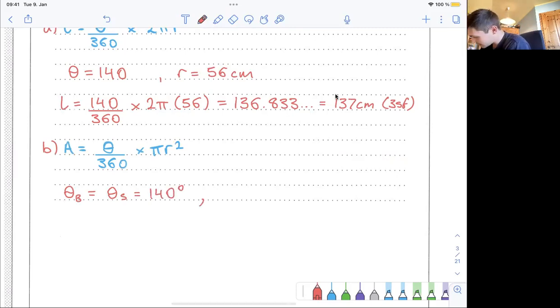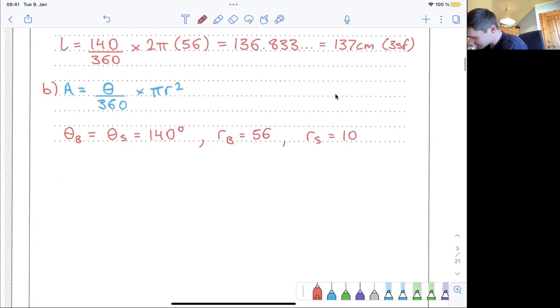But the radius for our big sector is 56 centimeters, and the radius for our small sector, which we calculated before, which was OA, is 10 centimeters.